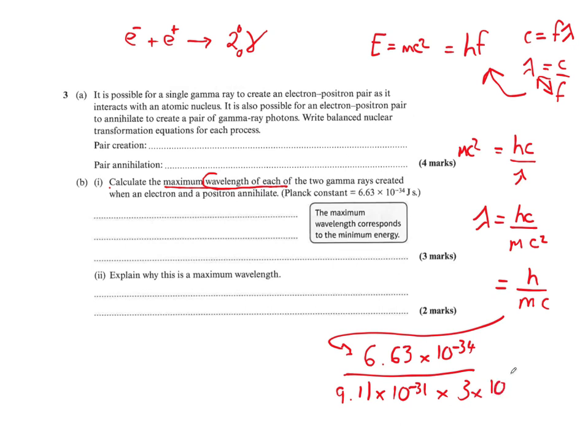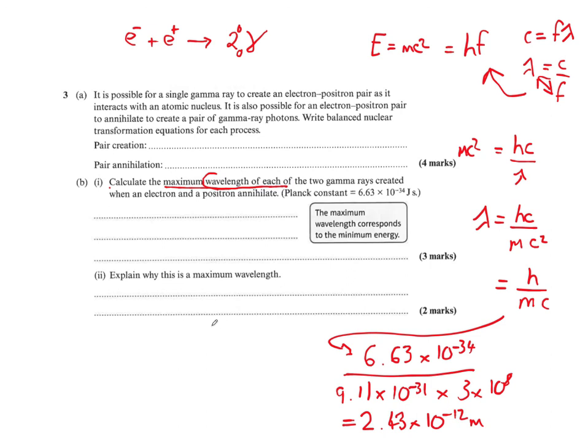When you put all those values in there, you get the answer 2.4259. When you round that up, you get 2.43 times 10 to the minus 12 meters.